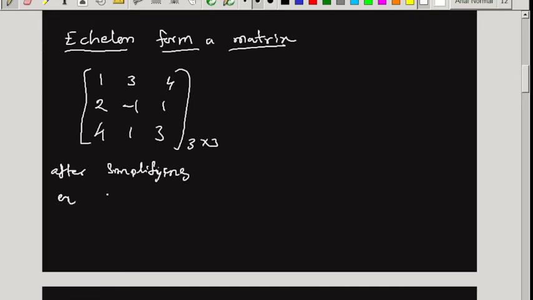After simplifying, we may get 1, 3, 4; 0, 8, 7; 0, 0, and some values here. So here we can see that the lower diagonal is 0. After simplifying, we may get this one.